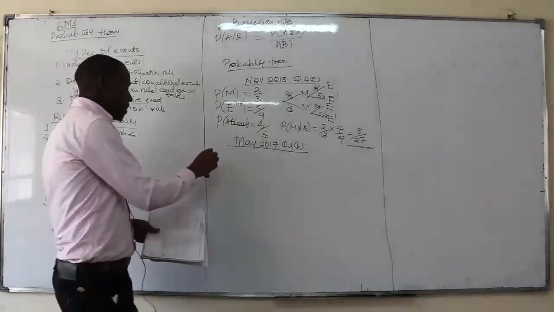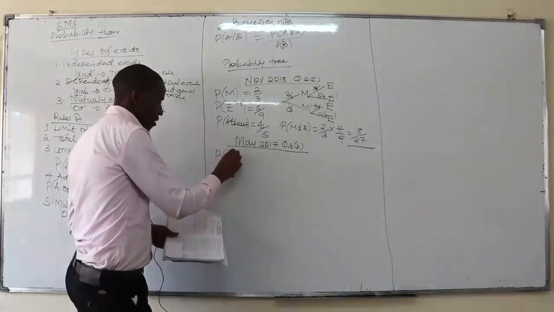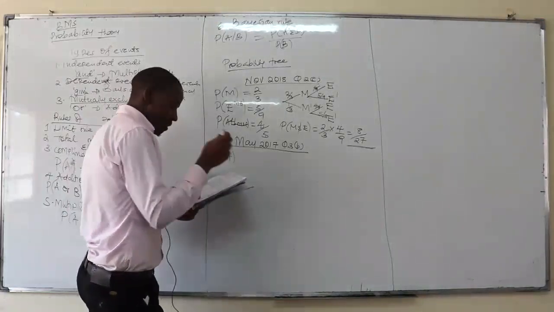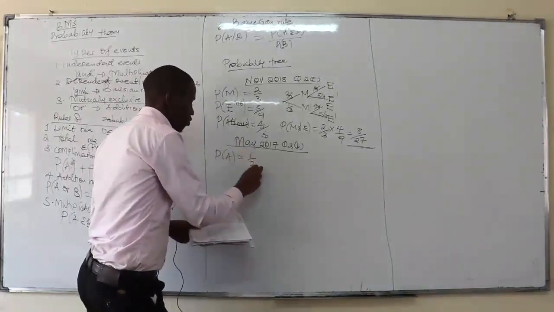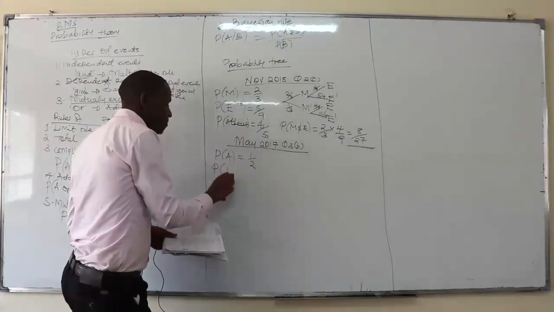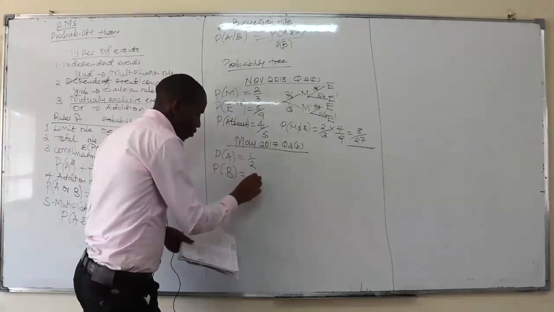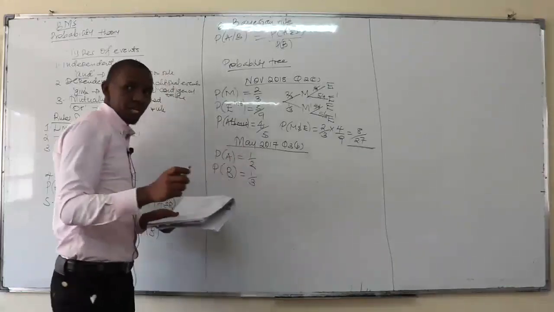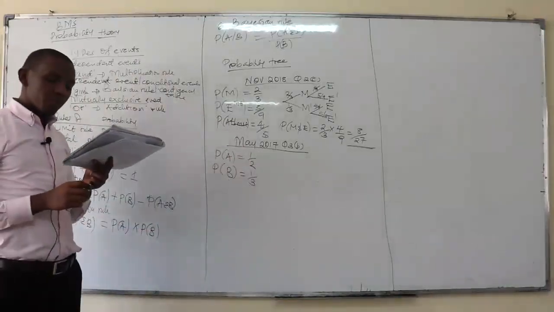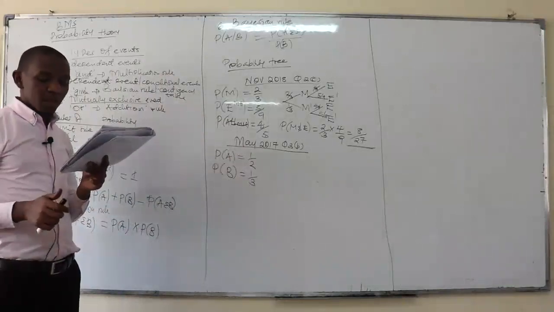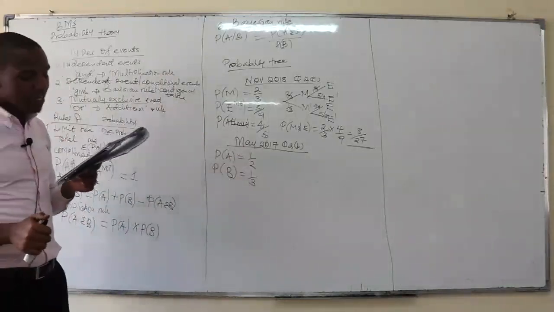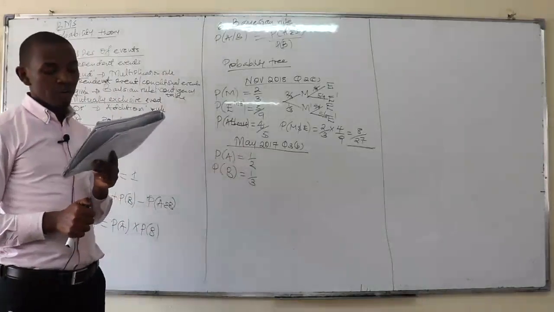Now, probability of A winning, in this case, we've been given there is 1/2. Probability that B winning, in this case, we've been given as how much? 1/3. Then also we've been given there, however, the probability of having a tie is 1/6.